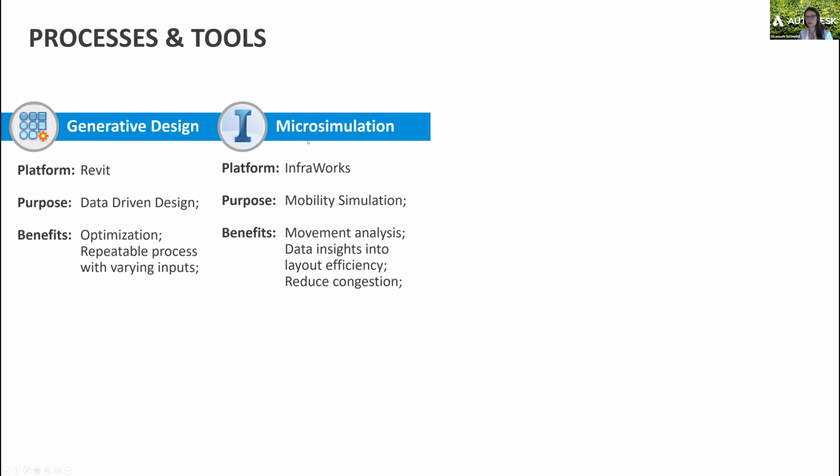Micro simulation in InfraWorks in how people move, so we can adjust when people enter and exit the buildings, the paths that people take, changing from 2-directional traffic to 1-directional traffic, and understanding, are we bettering people's interactions, and are we keeping them safe by making these changes?